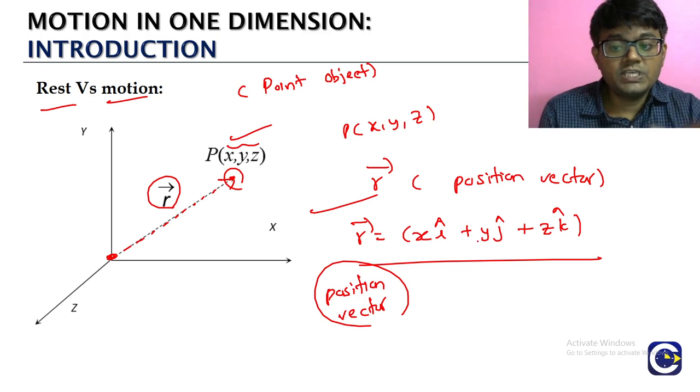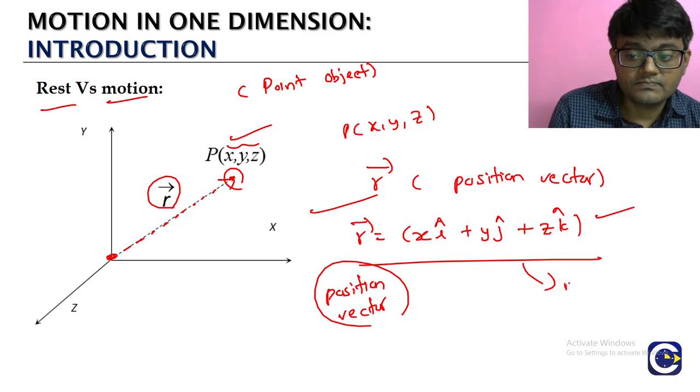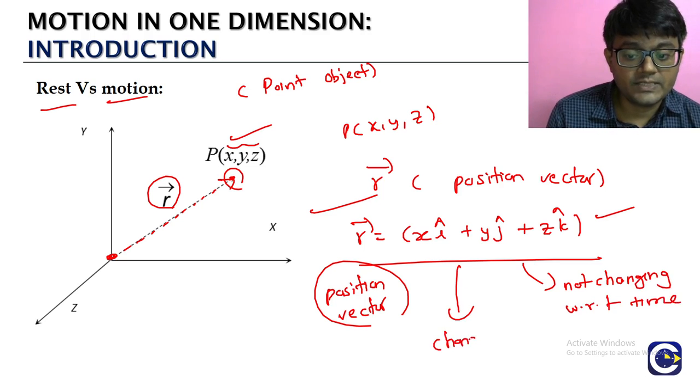If the position vector of the particular point is not changing, if this R bar is not changing with respect to time, then we will say the object is at rest. Instead, if this R bar is changing with respect to time, then it will be in motion.